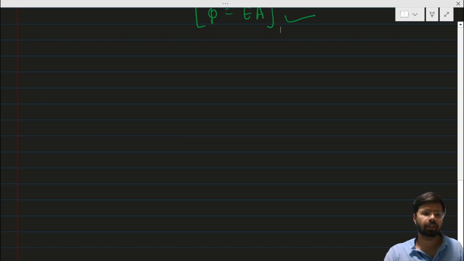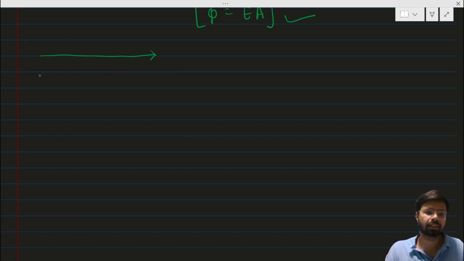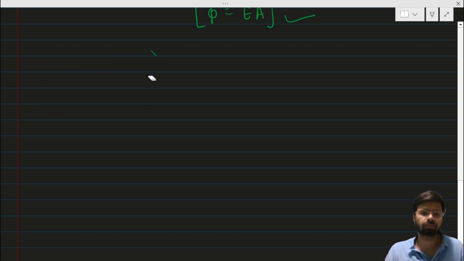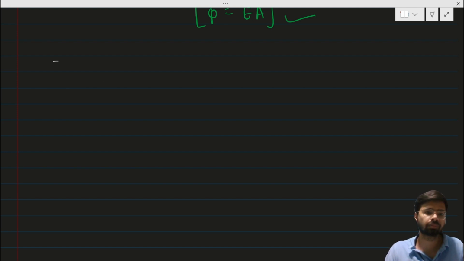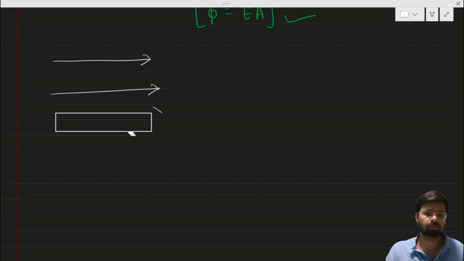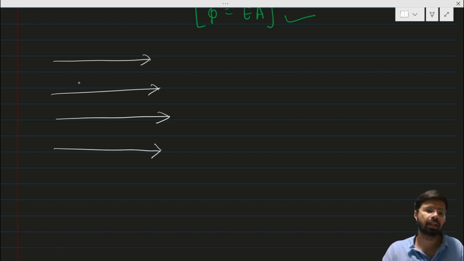And what if the electric field is in this direction? These are uniform electric field lines, and a planar sheet is placed like this, and the area element dA will be perpendicular to this surface.